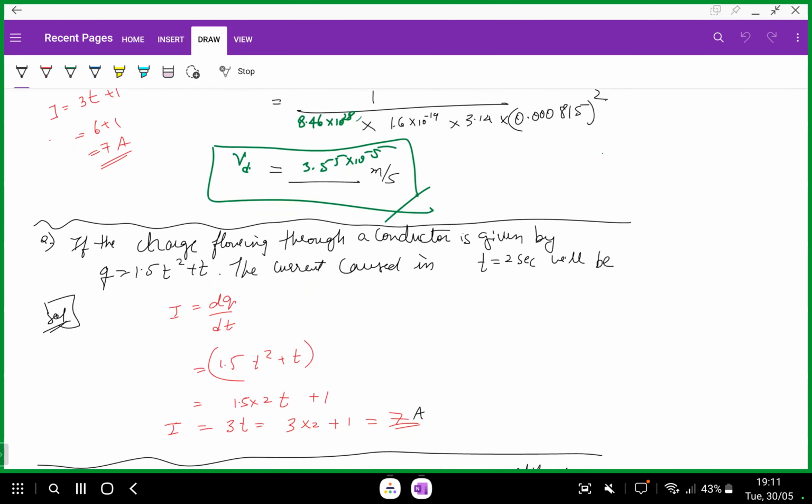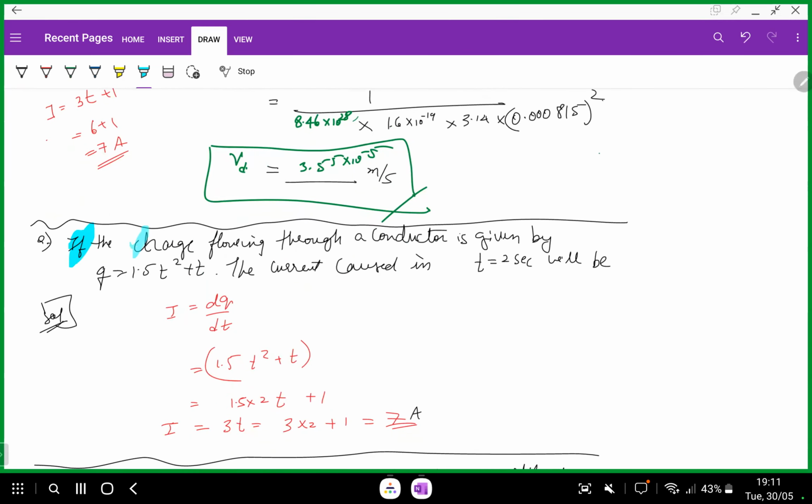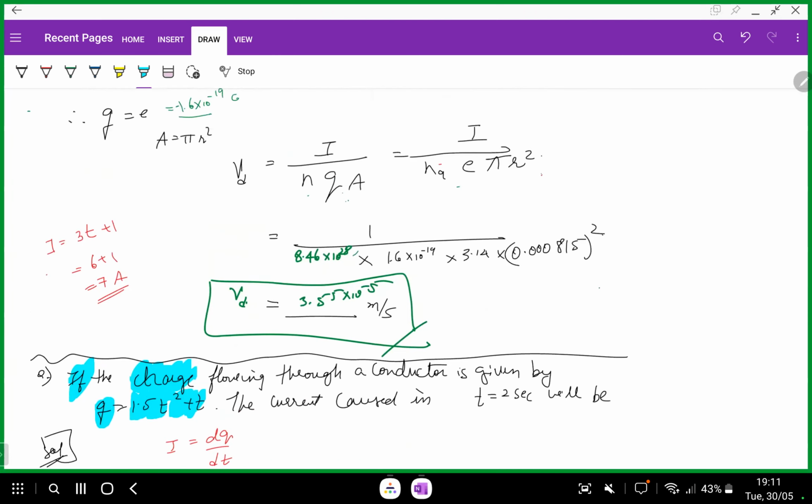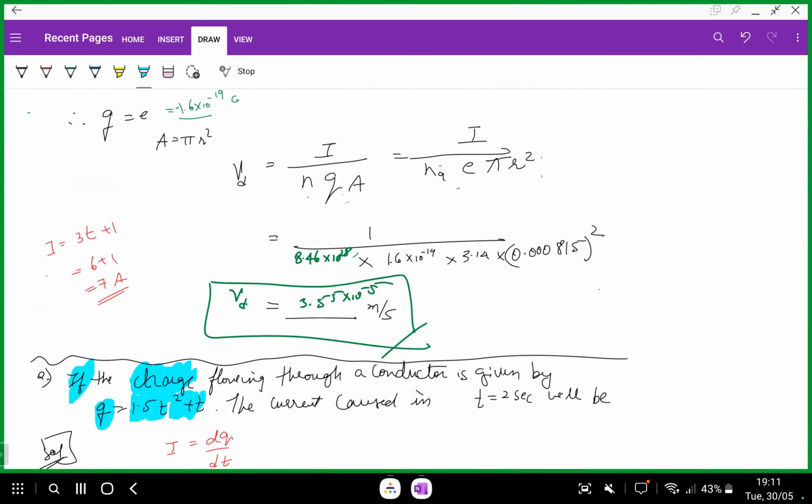If the charge flowing through a conductor is given by Q equals 1.5 T square plus T, the current in 2 seconds will be what? Try this question. The previous question also we will do, but let's go to a little bit tougher ones. This is easier, we'll do the easier one first.